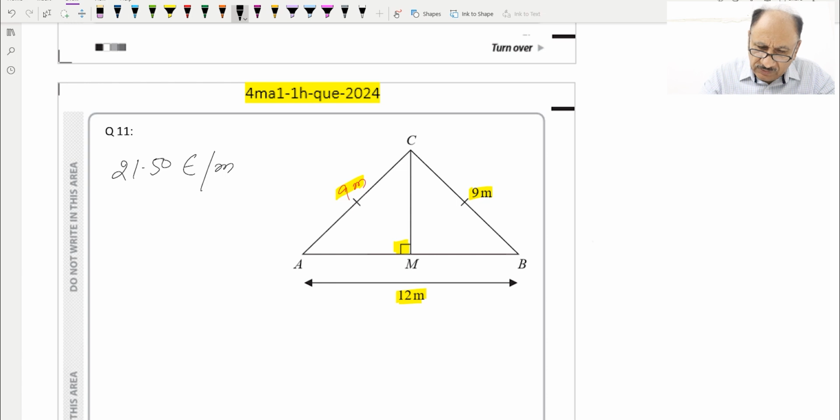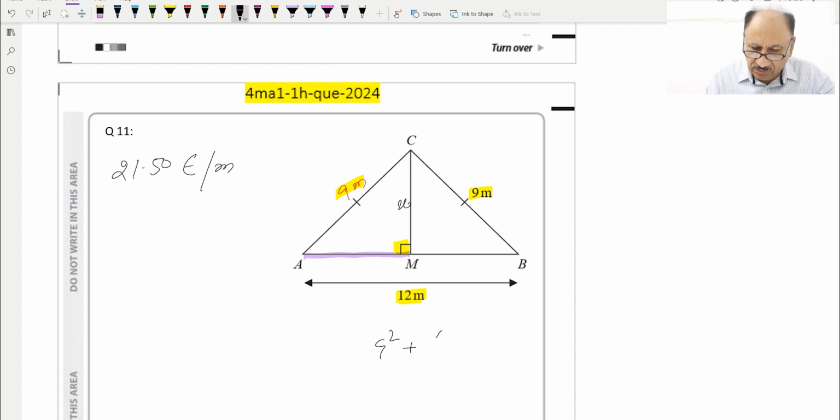this height. We need to find it, which we can take as x. So we can take 9 square, and half will be this much. Half of 12 will be 6.